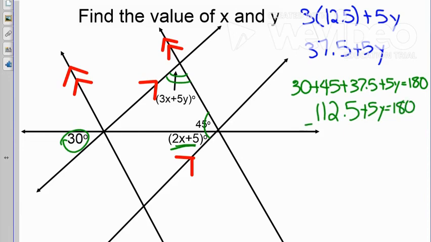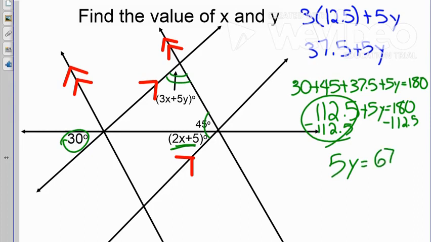So I'm going to subtract 112.5 from both sides. That cancels out. 180 minus 112.5 is going to give me 5y equals 67.5. Divide by 5. And I get y is equal to 13.5.